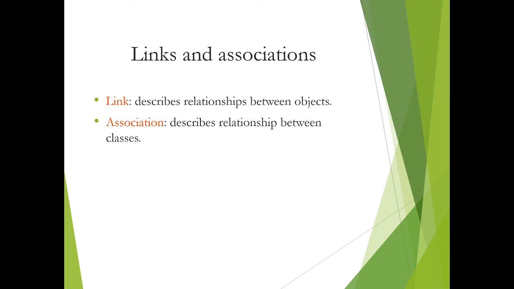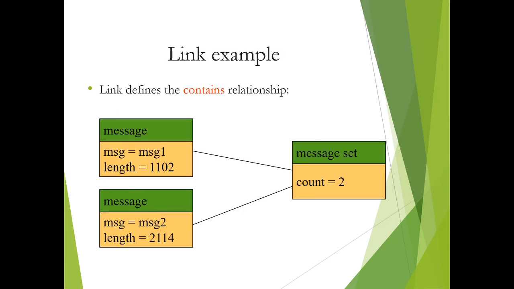There are some specialized things that we use in the relationships between links and associations. Link describes the relationship between objects, and association describes the relationship between classes.